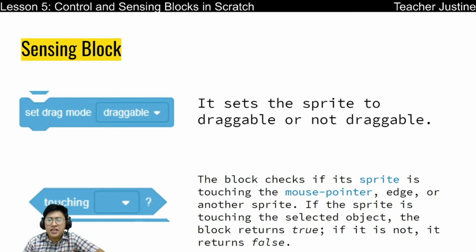This just means that if you want your sprite to know if it's touching another sprite, the value is true. But if it's not touching anything, not the mouse pointer, the edge, or any other sprite, then it will return false.